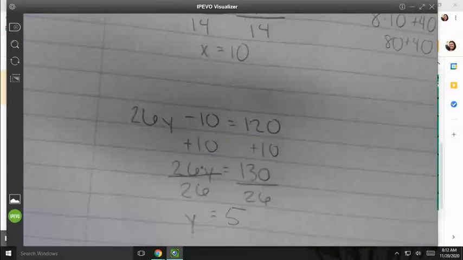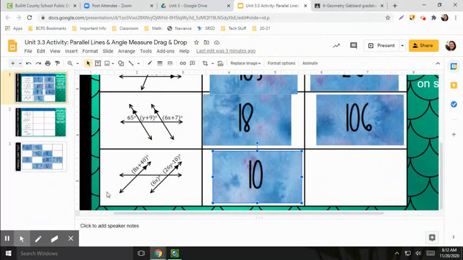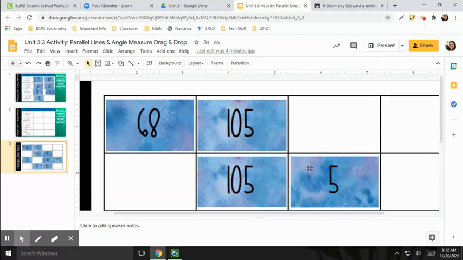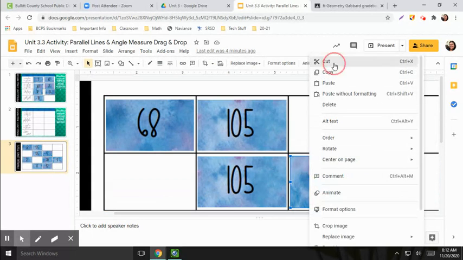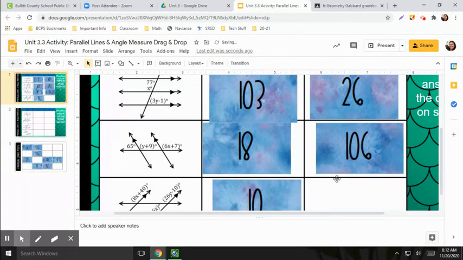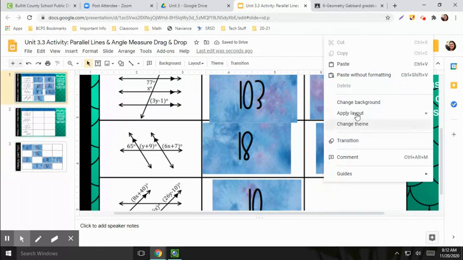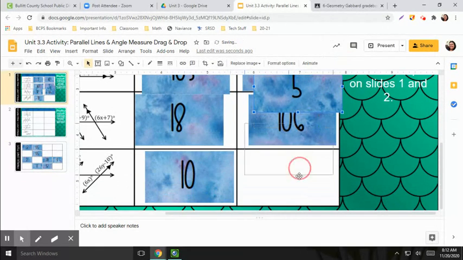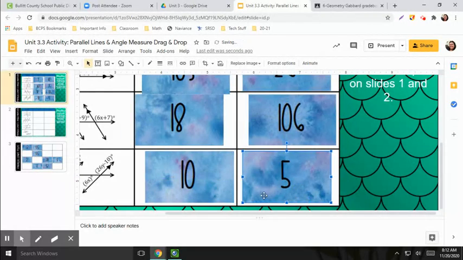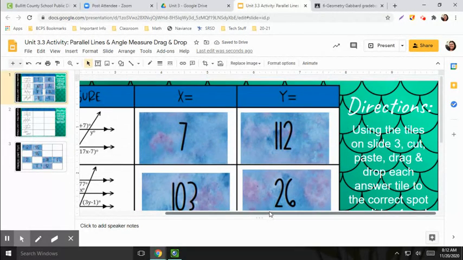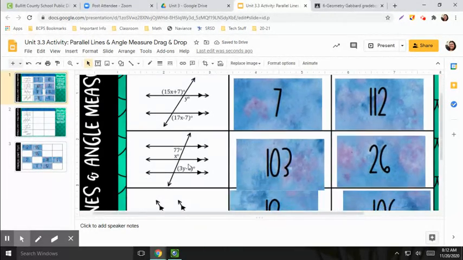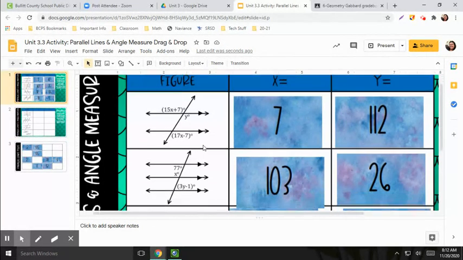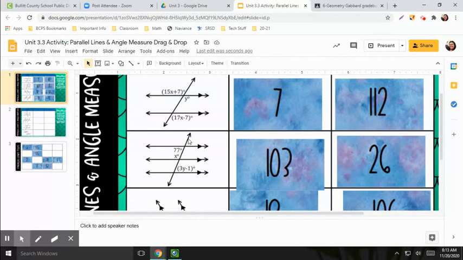So we have y equals 5, so hopefully over here on our answer tiles, we have a 5, and we sure do. We're going to paste that in there. And we have solved for x and y on all of these figures using just the information they've given us.